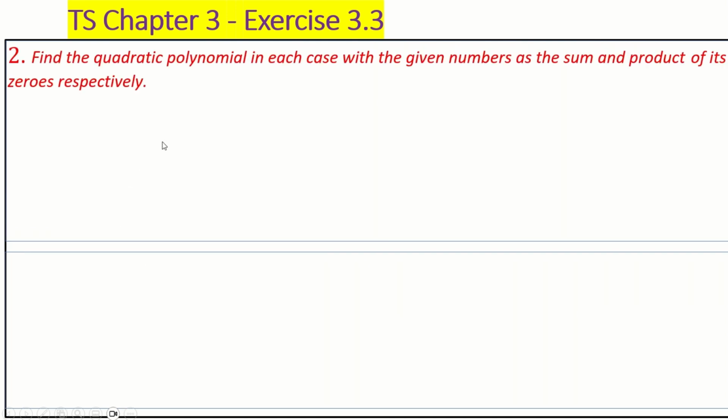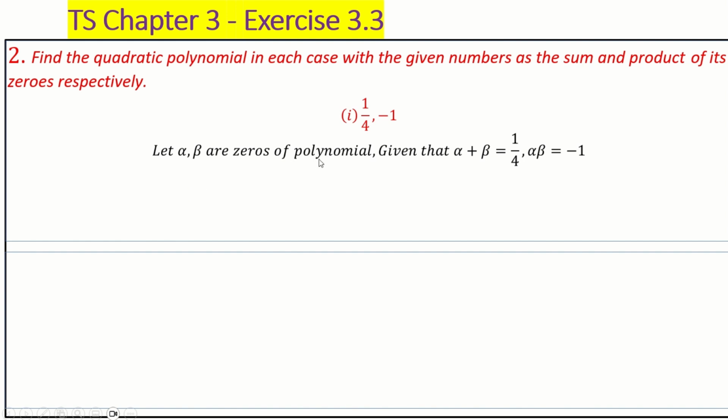Now, problem 2. Find the quadratic polynomial in each case with the given numbers as the sum and product of its zeros. Sum and product are given, and we need to find the polynomial. This is 1 by 4 as the sum of zeros and minus 1 as the product of zeros. Let's see how to do it. Alpha and beta are zeros of the polynomial, given that alpha plus beta equal to 1 by 4, alpha beta equal to minus 1.